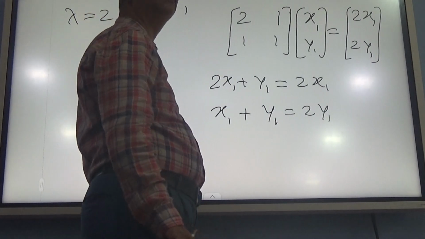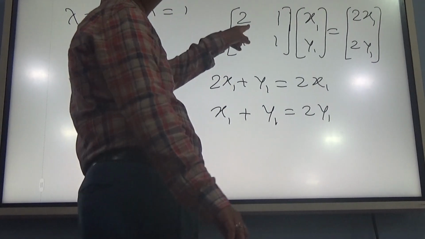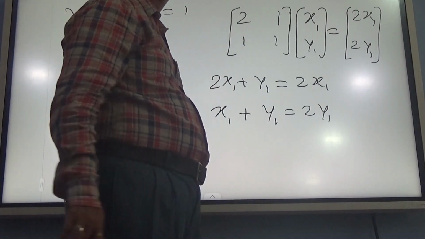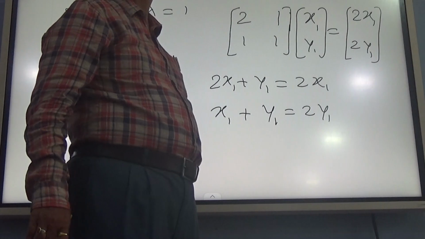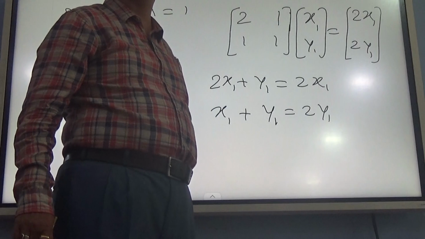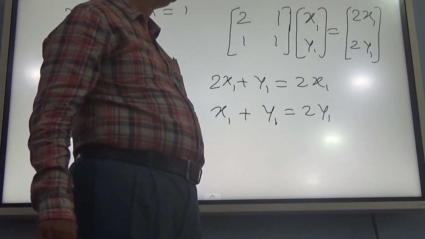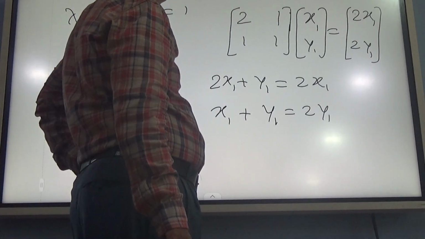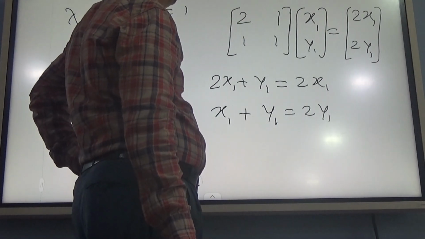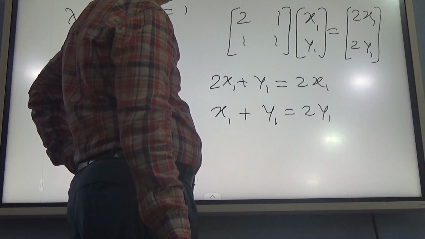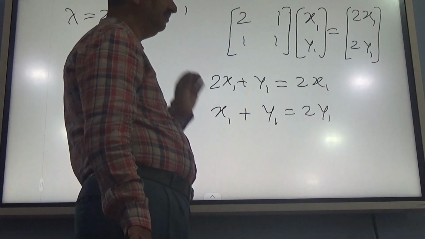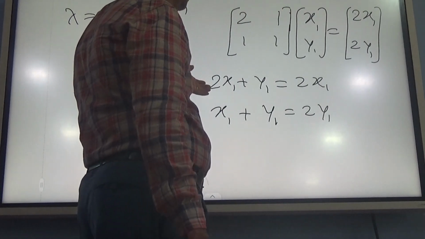So what are the answers? There are two simultaneous equations. What are the answers? y1 is 0 and x1 is 0, and y1 is how? Solve this.